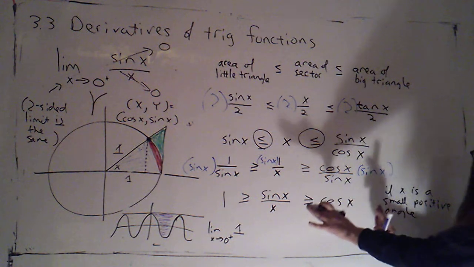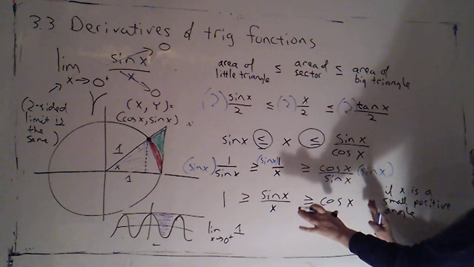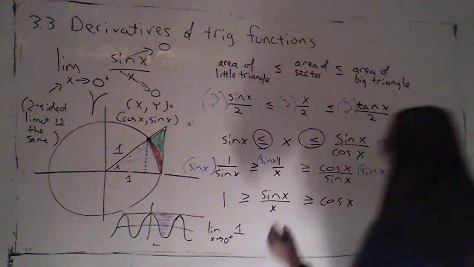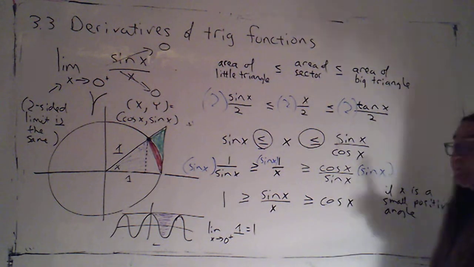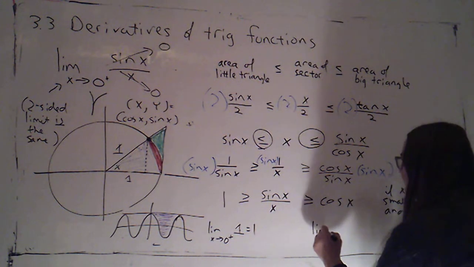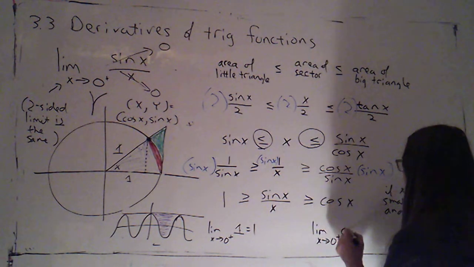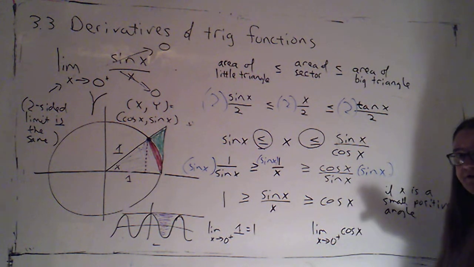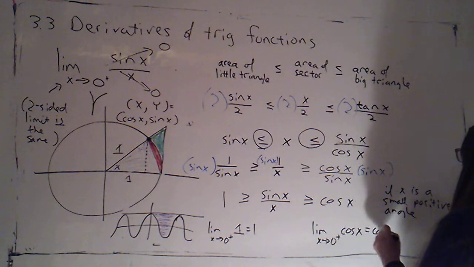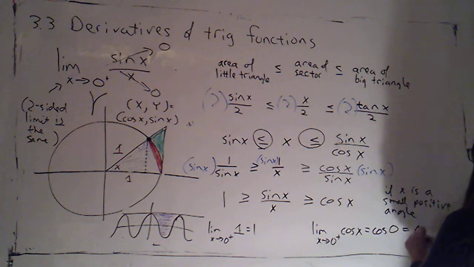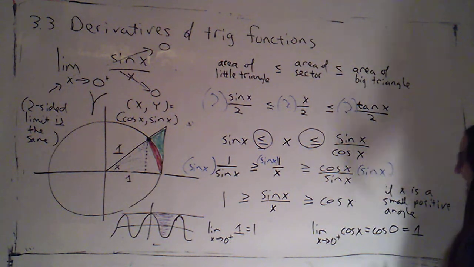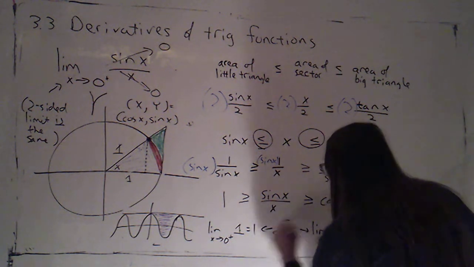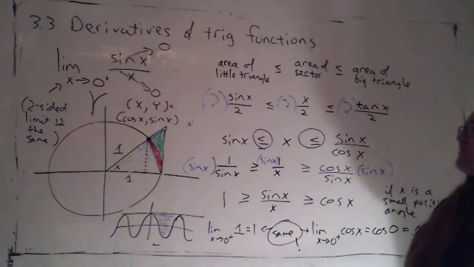So this inequality I know is true if we're to the right of 0, but close to it. Okay, this limit would be 1. Let's take the limit as x goes to 0 from the right of cosine of x. Cosine of x is a trig function. Trig functions are continuous on their domain. I evaluate by plugging in, and cosine of 0 is 1. Oh, these guys are the same. That's exactly what I wanted.